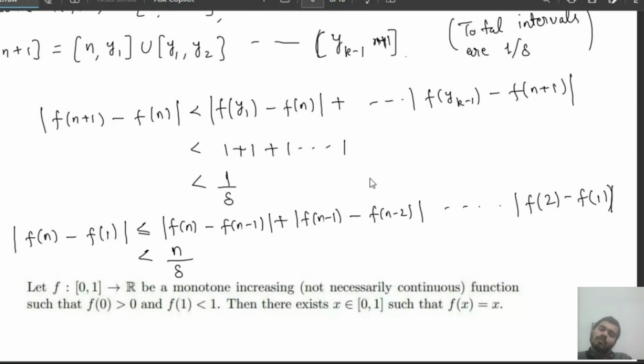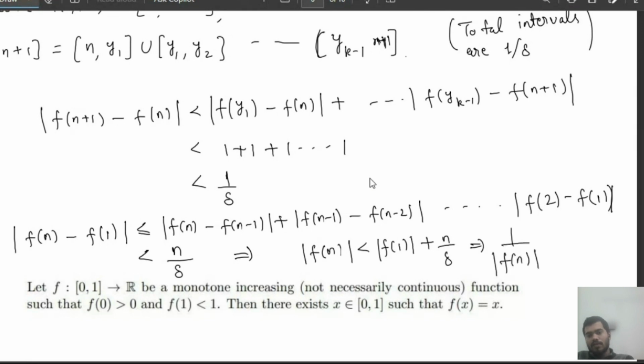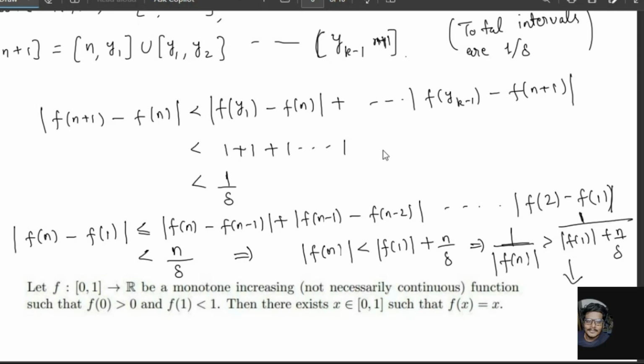Is that fine or not? It implies that, note that f is from 0 to infinity to 0 to infinity, so this mod doesn't make much sense because all the values are already positive. Sorry, it should be 1 over.